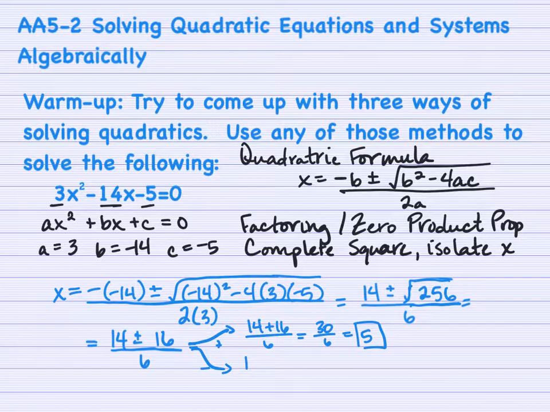The other one, 14 minus 16 divided by 6 gives us negative 2 divided by 6. That ends up being a decimal of 0.3 repeating. So I'm just going to reduce that fraction to negative 1 over 3, negative 1/3. So quadratic formula, that's one method of solving.